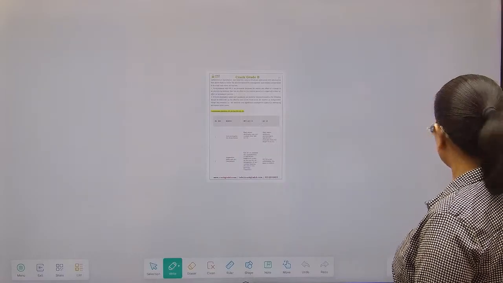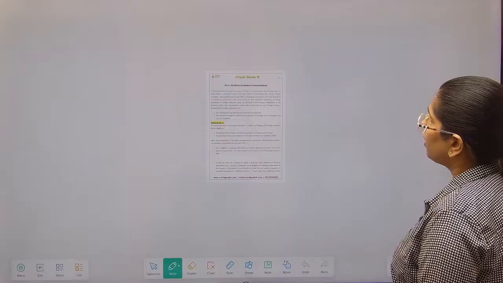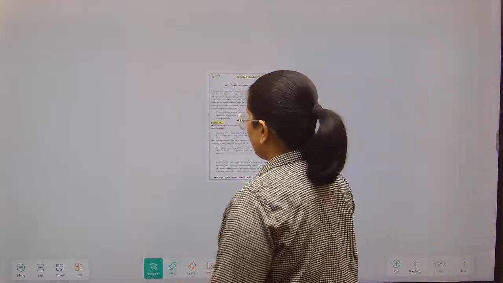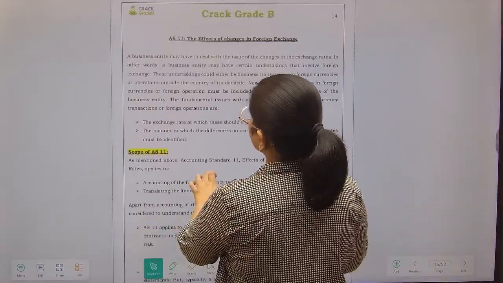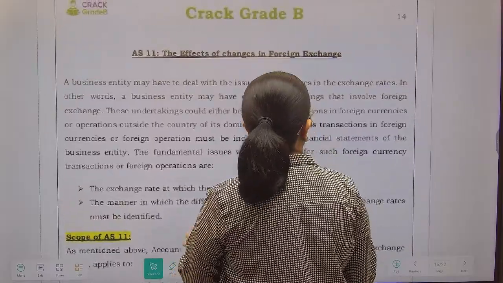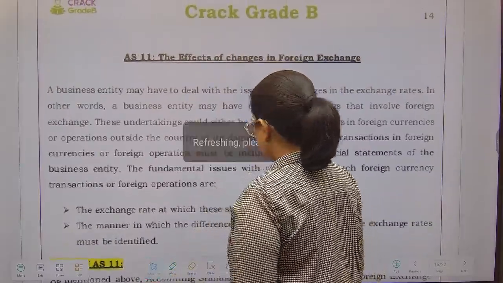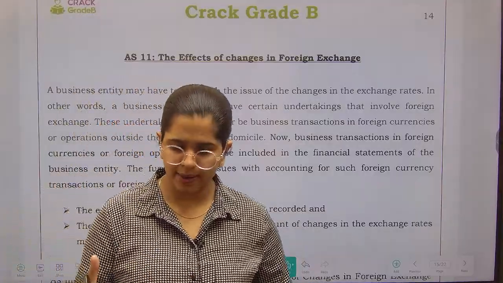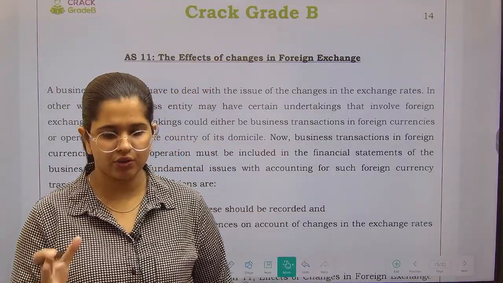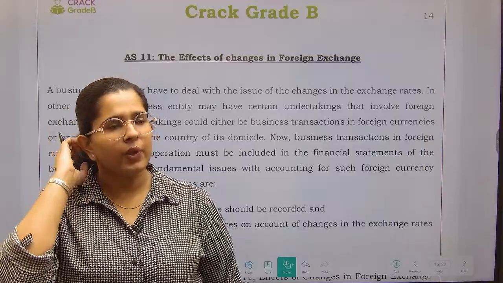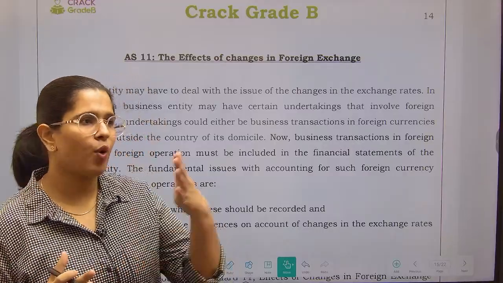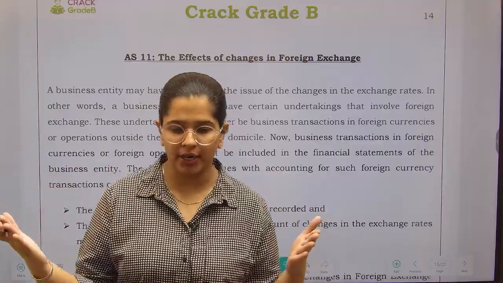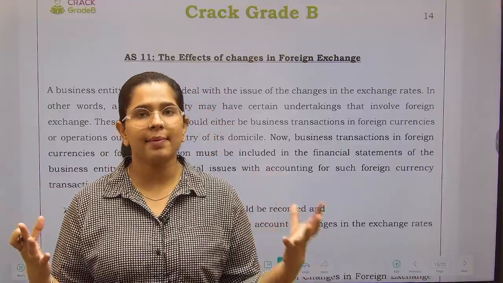Now accounting standard 11. अकाउंटिंग स्टैंडर्ड 11 में बहुत सारी चीजें हैं, बट कुछ चीजें हम बहुत ही शॉर्ट वे में समझने की कोशिश करते हैं. नंबर वन थिंग, we have a difference between the monetary assets and the non monetary assets. Monetary assets का मतलब क्या?